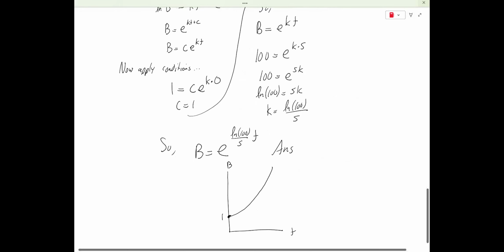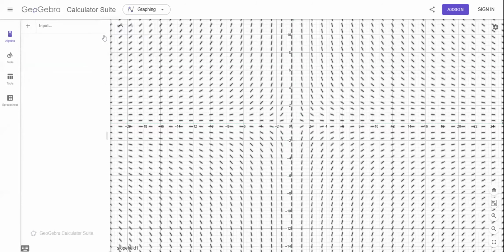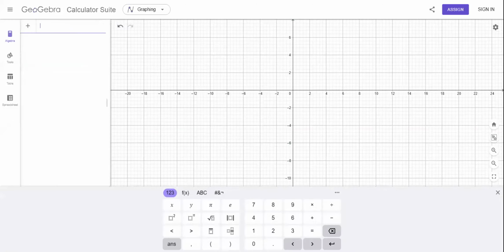Now if I look at the slope field for the differential equation, let me stop sharing here and go to the slope field in GeoGebra. Get rid of all this stuff. I have to use y and x, not b.